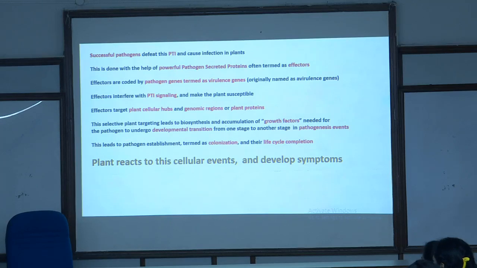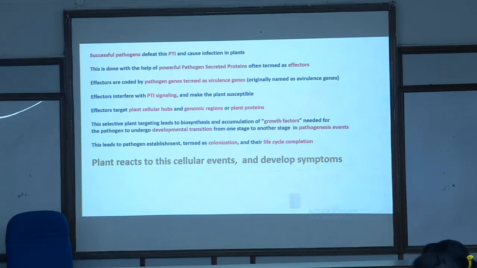So the plant reacts to the cellular events, which are happening much against its wish, but it cannot stop them because effectors are having a free ride into the system, and it is going to convert what is available in the plant pot to something which is palatable by this pathogen, and the colonization is ensured there, the reproductive structures are formed, and the plant is reacting to that in the form of symptoms.